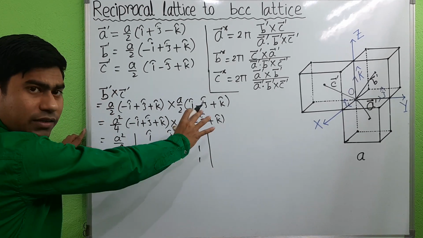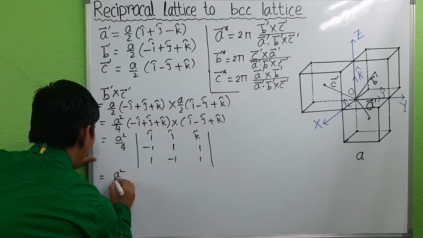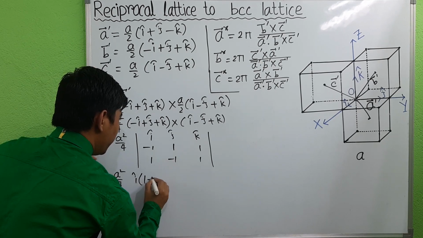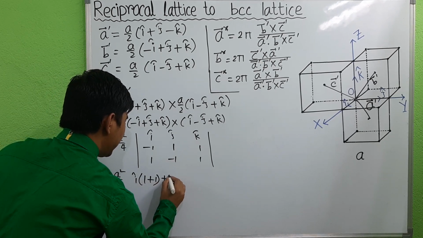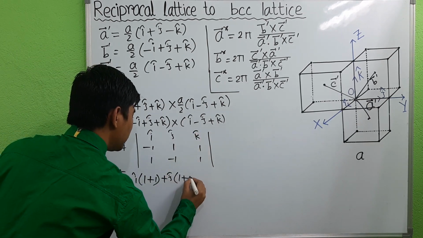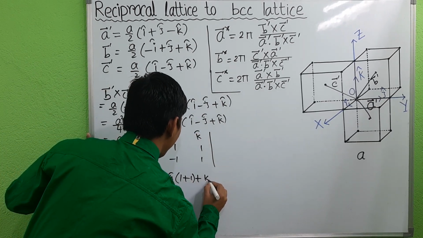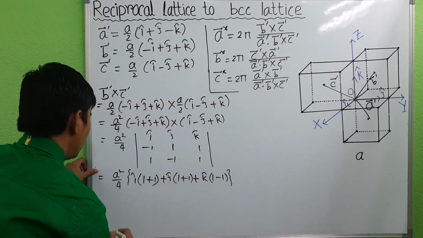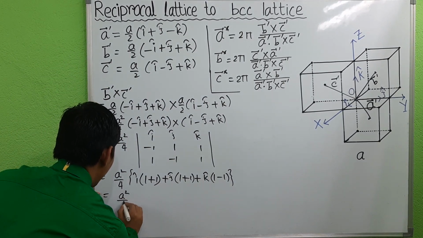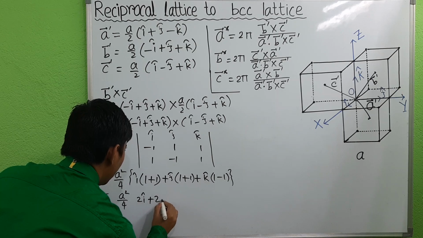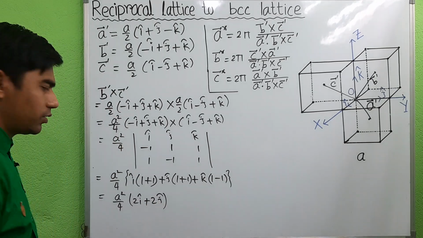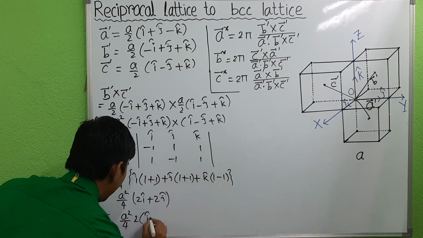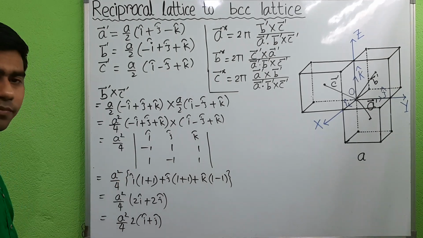If we expand this determinant, we get a square by 4 (2 i cap plus 2 j cap), which is a square by 4 times 2 (i cap plus j cap).